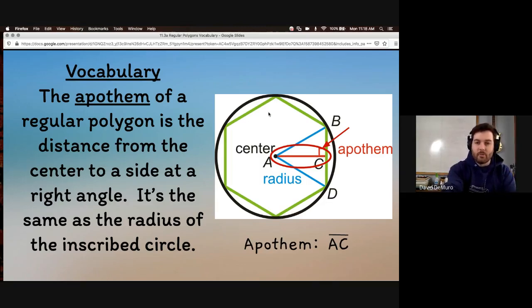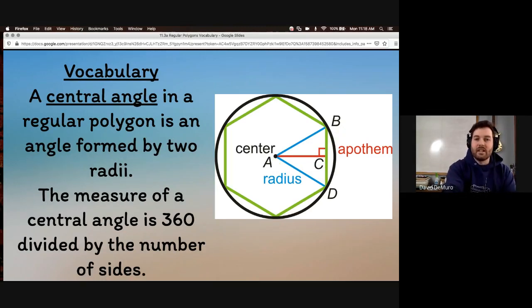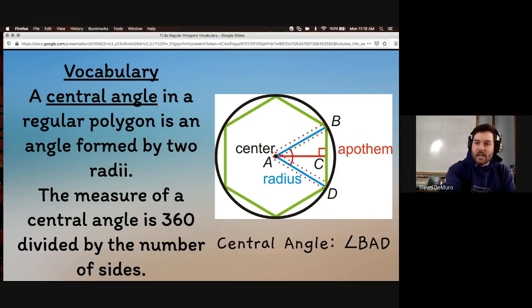of the regular polygon. One other part that we have is called a central angle. And that is an angle within a regular polygon that's formed at the center by two different radii. And this would be an example here of a central angle, angle BAD. We would call that a central angle because it's formed by these two radii.